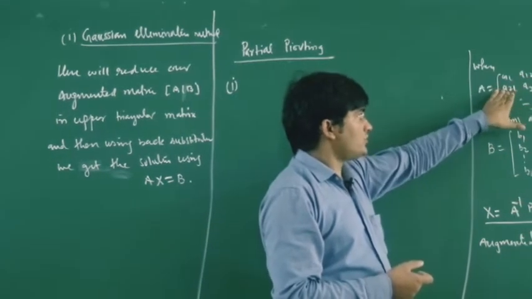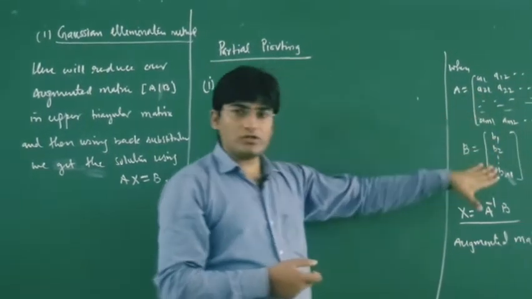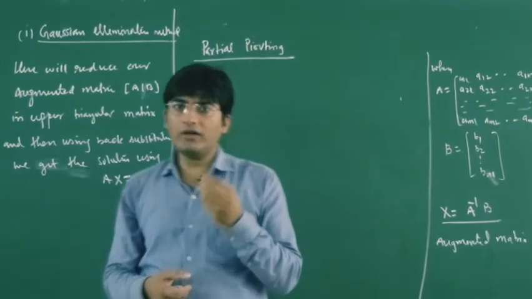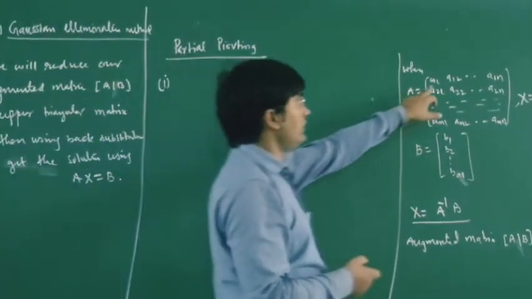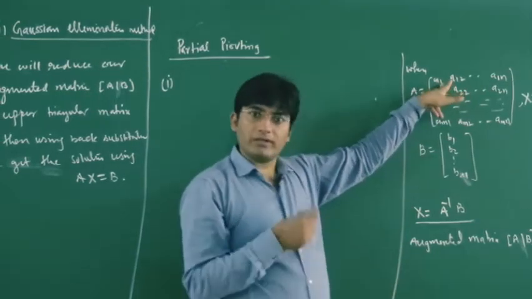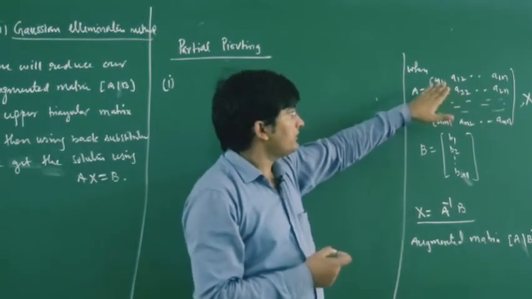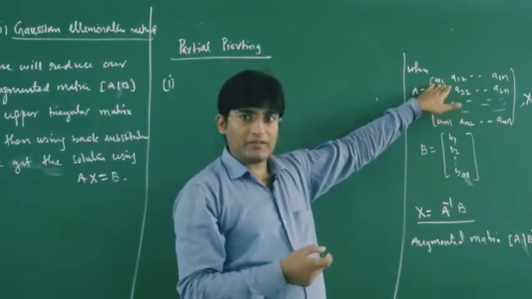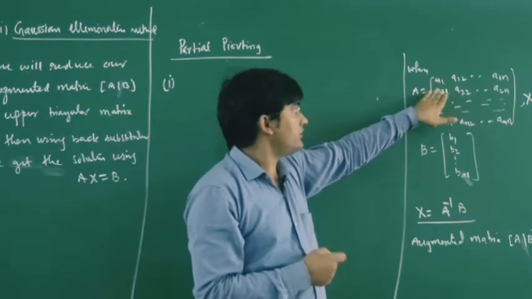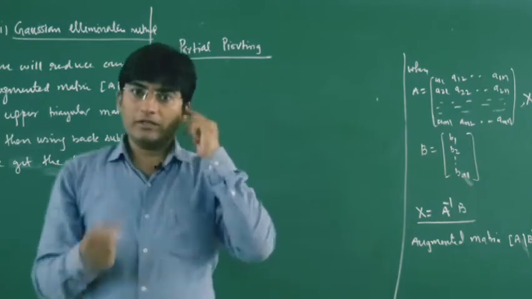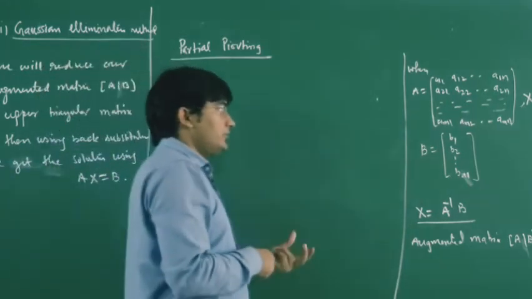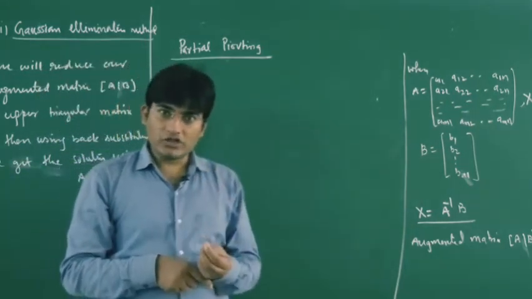Say this is your first column, and in this first column we will find the numerically largest value. Now suppose that A11 is the numerically largest value, then we will annihilate, that means we will reduce the remaining elements of the first column to 0. Now in the first step, first of all we will find the numerically largest value.